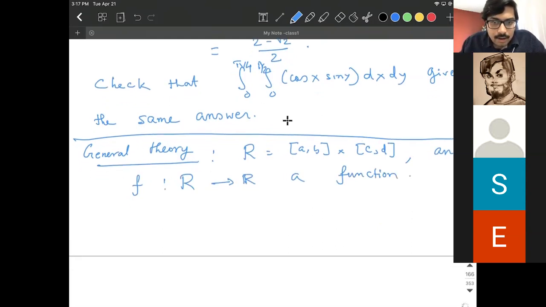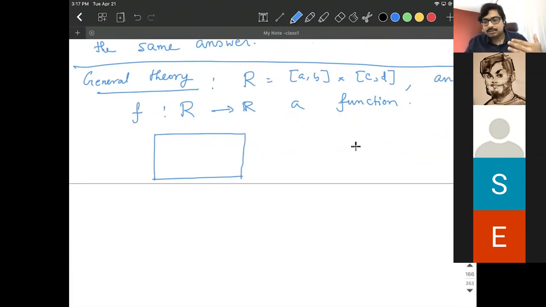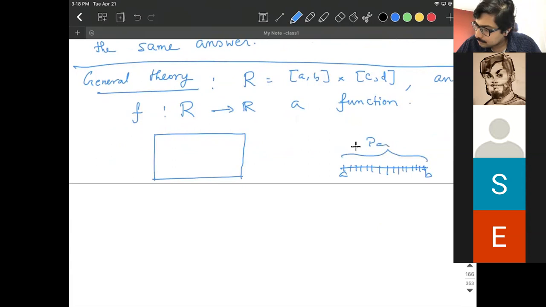So this is the part where I am going to skip the details. The thing is that much like the Riemann integration, you have this rectangle. Now, if you know Riemann integration, what you do is partition the line interval. So you have this line, then you partition this line. So this is for Riemann integration.